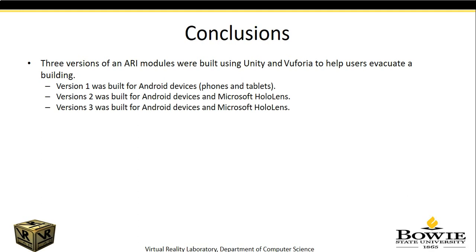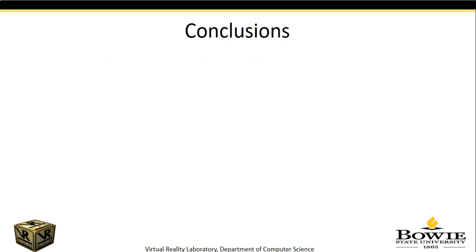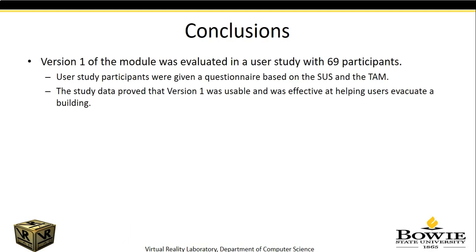In conclusion, 3 versions of an ARI module were built to help people evacuate a building in an emergency. Version 1 was built solely for Android devices. Version 1 of the module was evaluated in a user study with 69 participants.